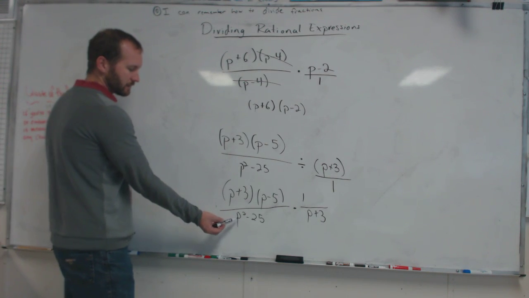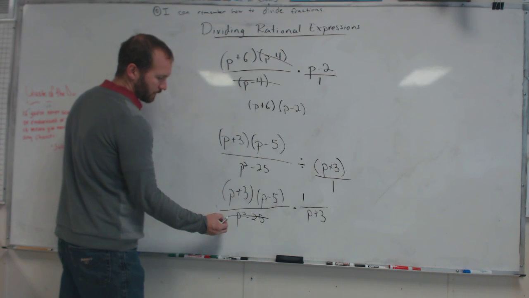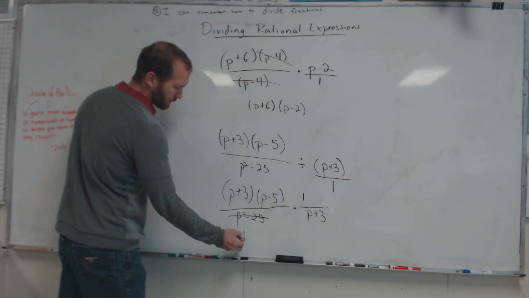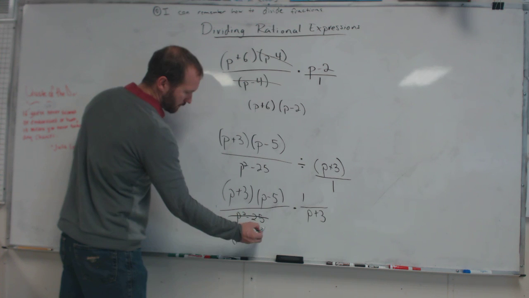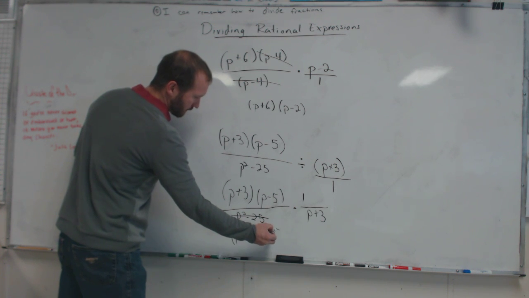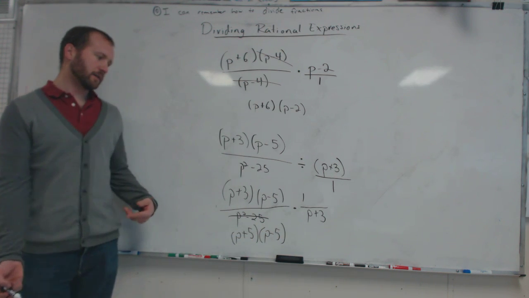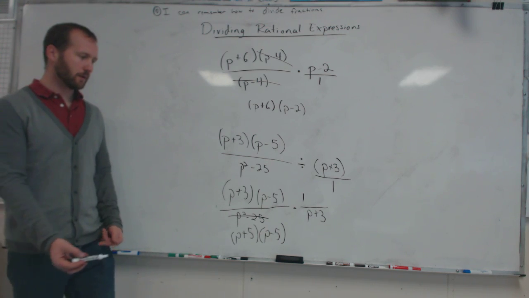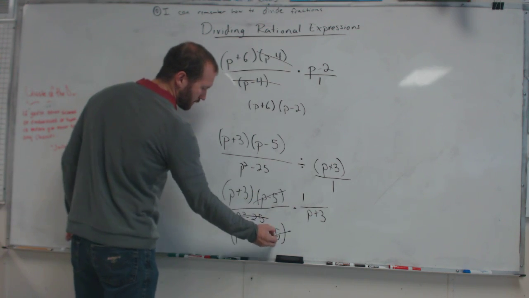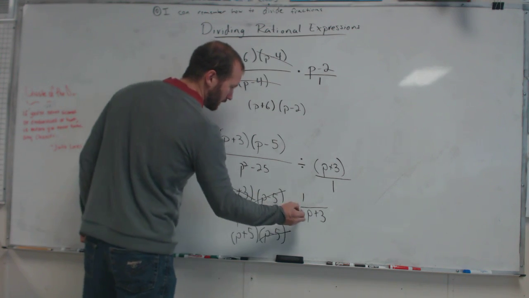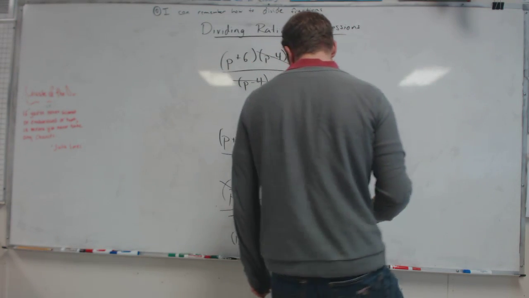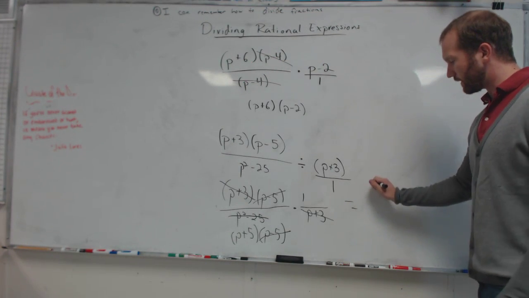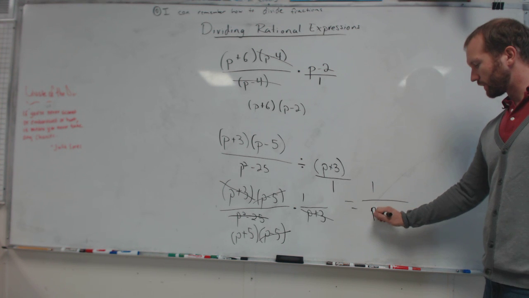I need to factor this. Good, this would be P plus 5, P minus 5. And what can I cancel out? P minus 5, P plus 3. So then I have just left 1 over P plus 5.